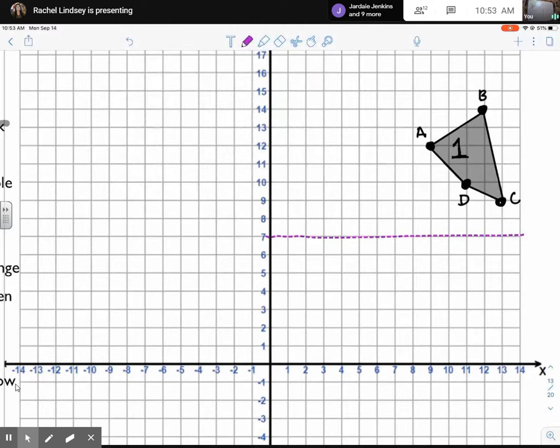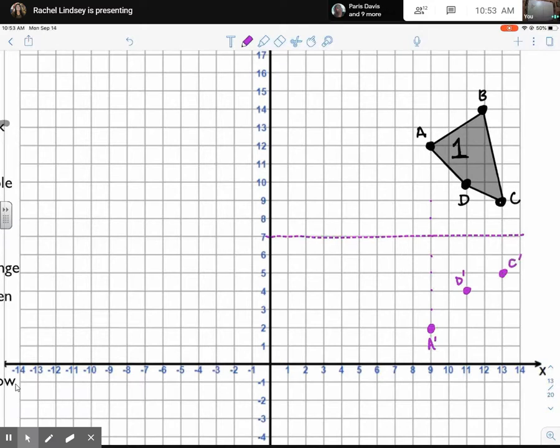So A is 1, 2, 3, 4, 5 above, 1, 2, 3, 4, 5 below would be A prime for purple. B is 3 above, B prime will be 3 below. C is 2 above, C prime is 2 below.